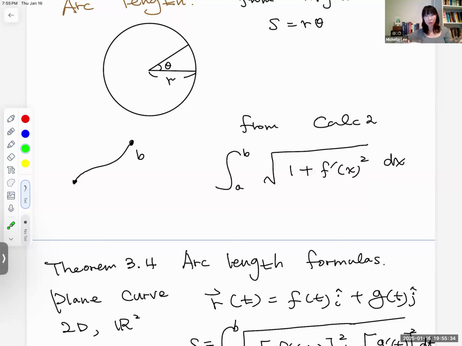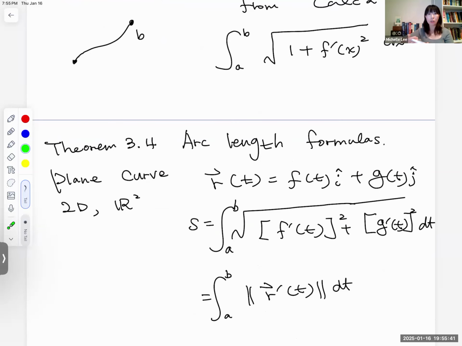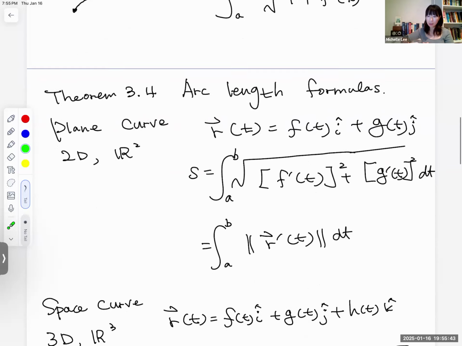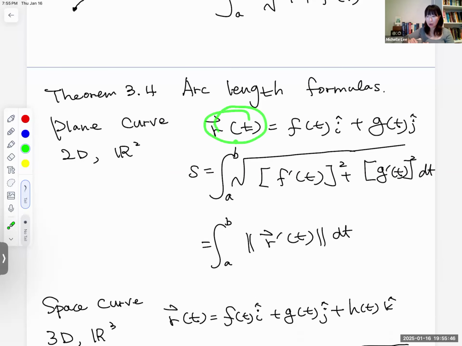Now, what about Calculus 3? We have a formula for arc length for a two-dimensional plane curve, which is a vector valued function, right? We did this in section 3.2, where we take the derivative and integrate the vector valued function. So we talk about arc length for vector valued functions in Calculus 3.